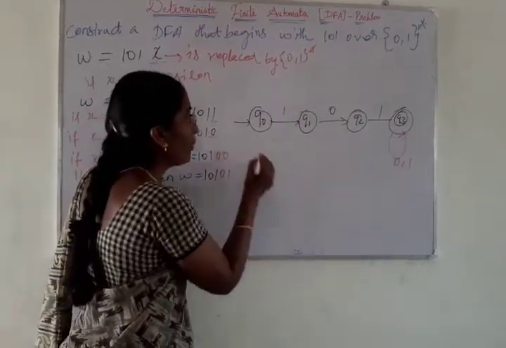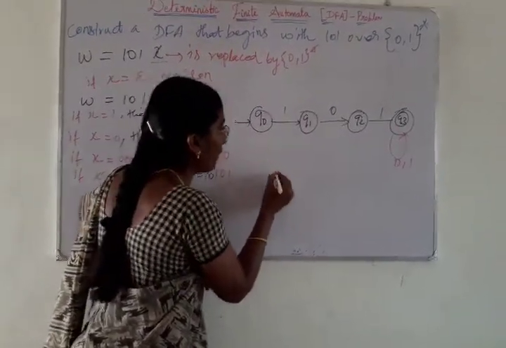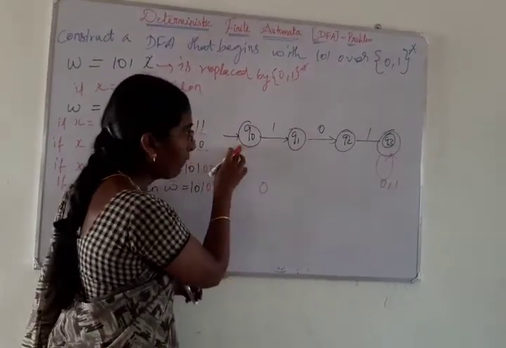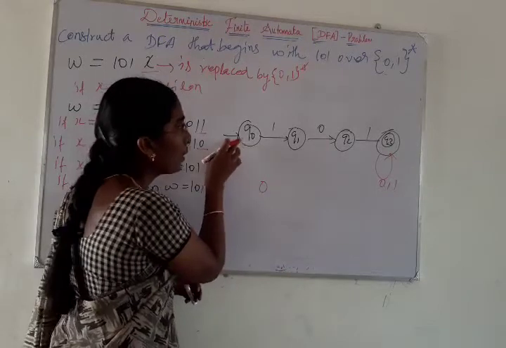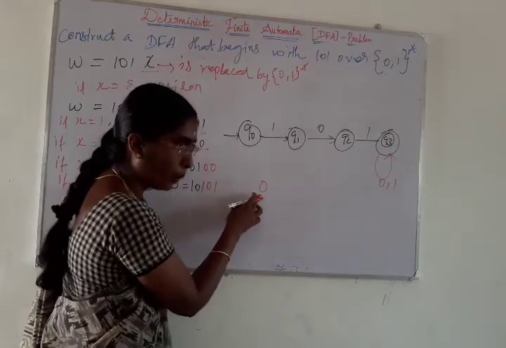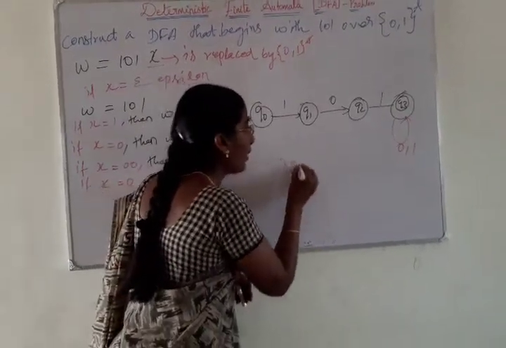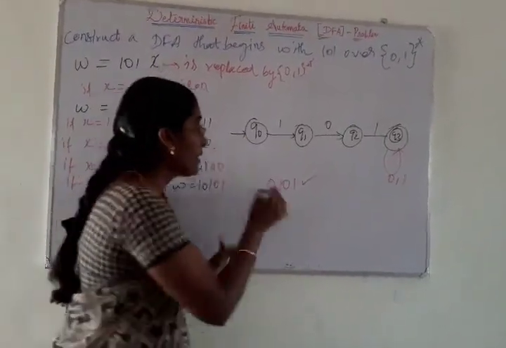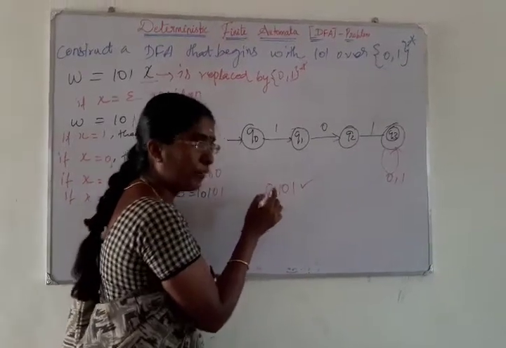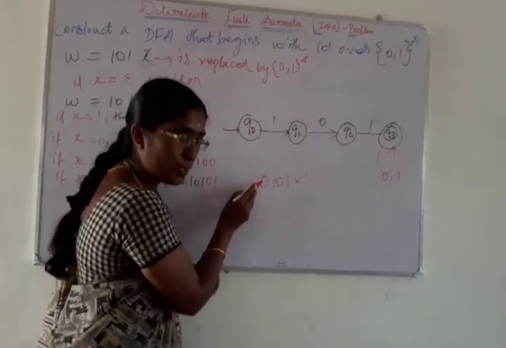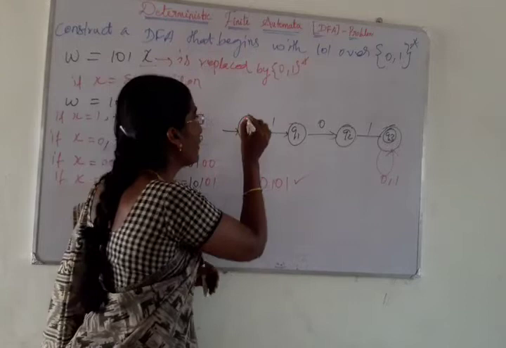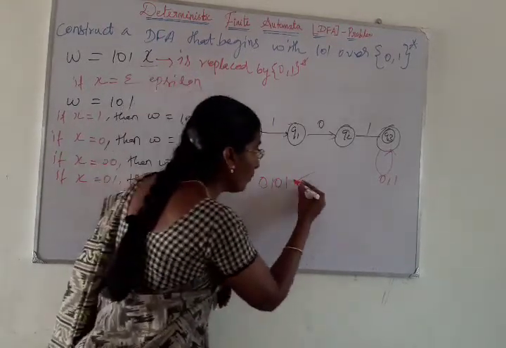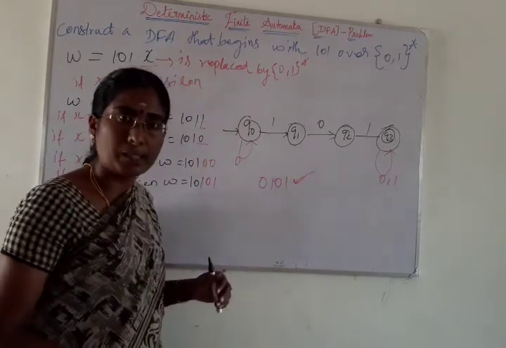First consider Q0, the transition on 0. Suppose we make a self transition from state Q0 for the input symbol 0. Then the string 0101 becomes an accepted string.